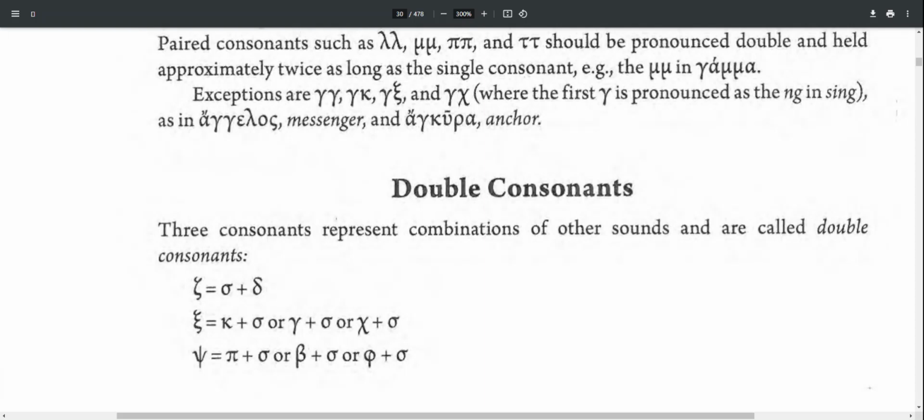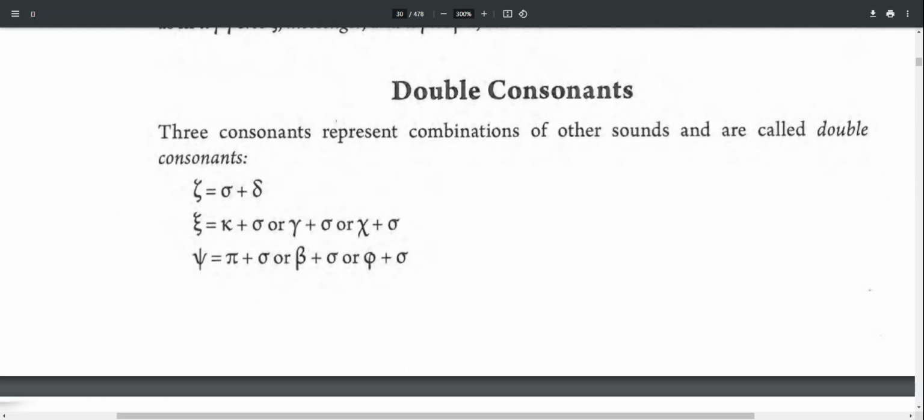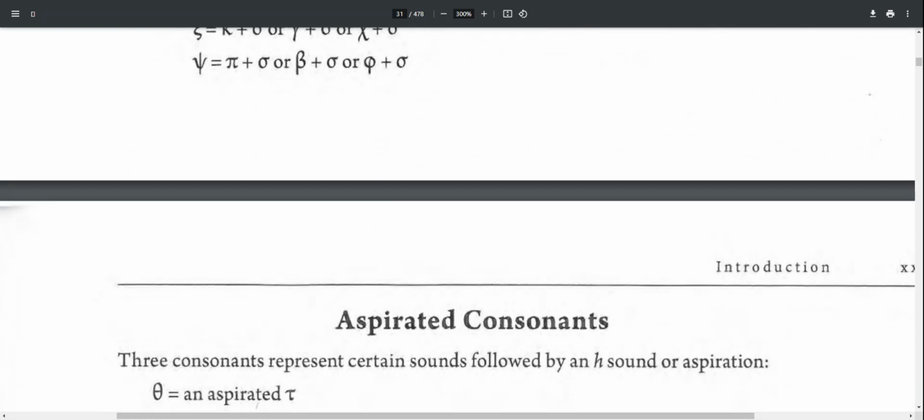So you'll never see kappa sigma, gamma sigma, or chi sigma side by side, because it will be written xi. Psi is the result of pi plus sigma, beta plus sigma, or phi plus sigma. So that's it. Zeta, xi, and psi are considered double consonants.